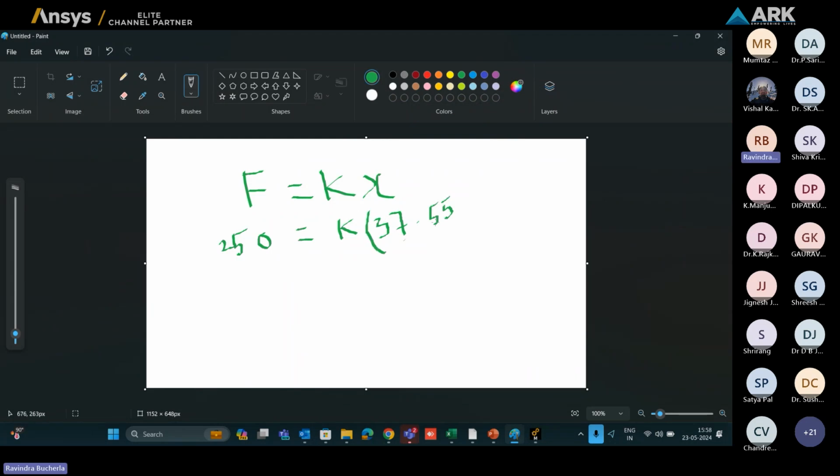This is the deformation that I am getting for stiffness K. So here K is constant.